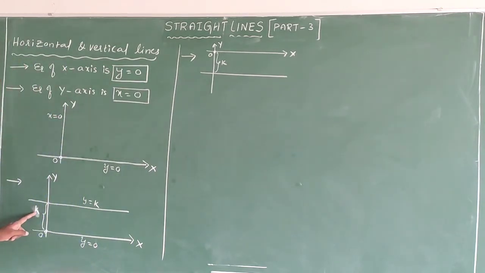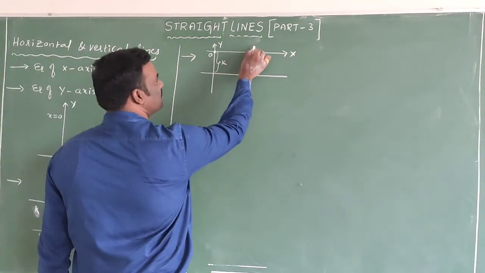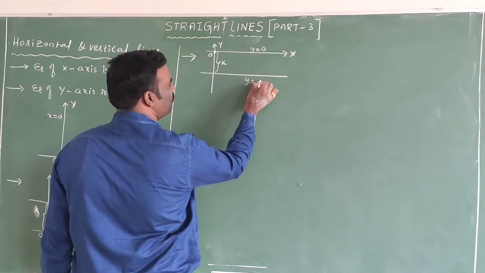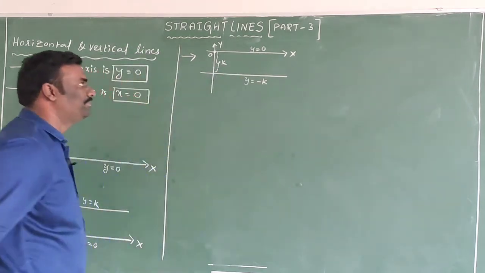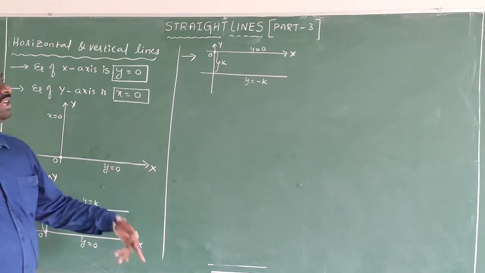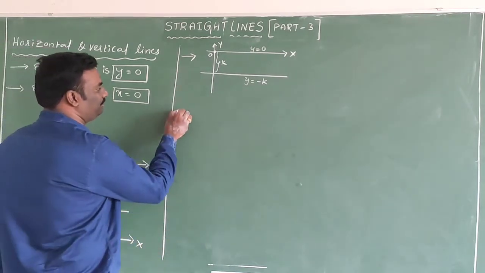Here k units above the x axis. Here k units below the x axis. X axis equation is already y is equal to 0. So equation of this line is y is equal to minus k. Y plus k will come if above, minus k will come if below. Okay, third one.